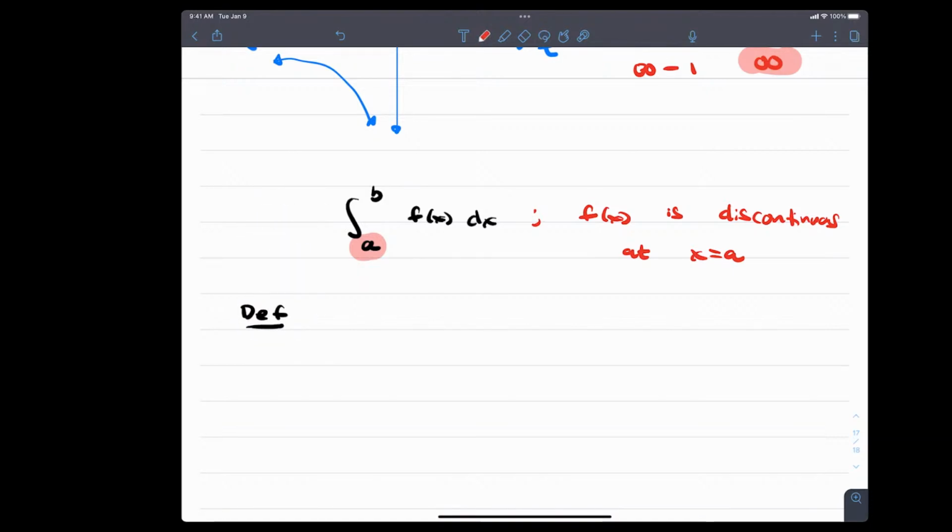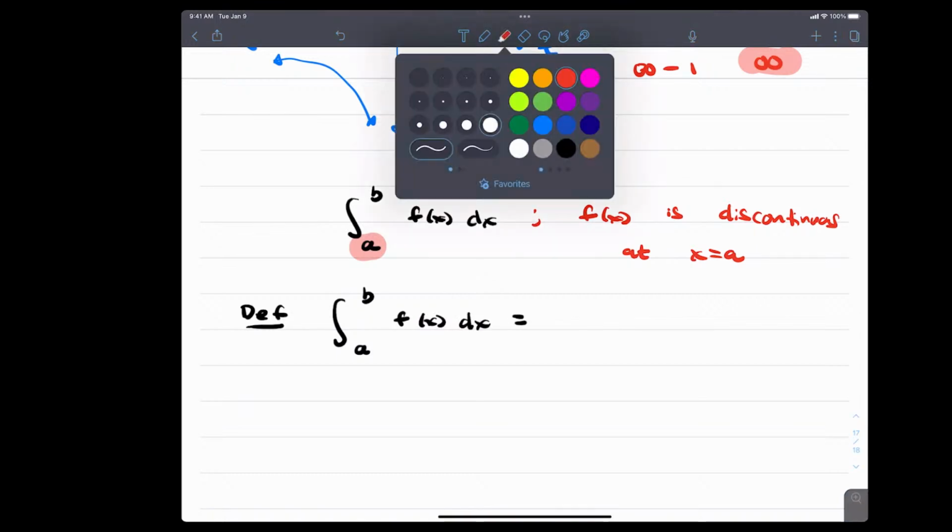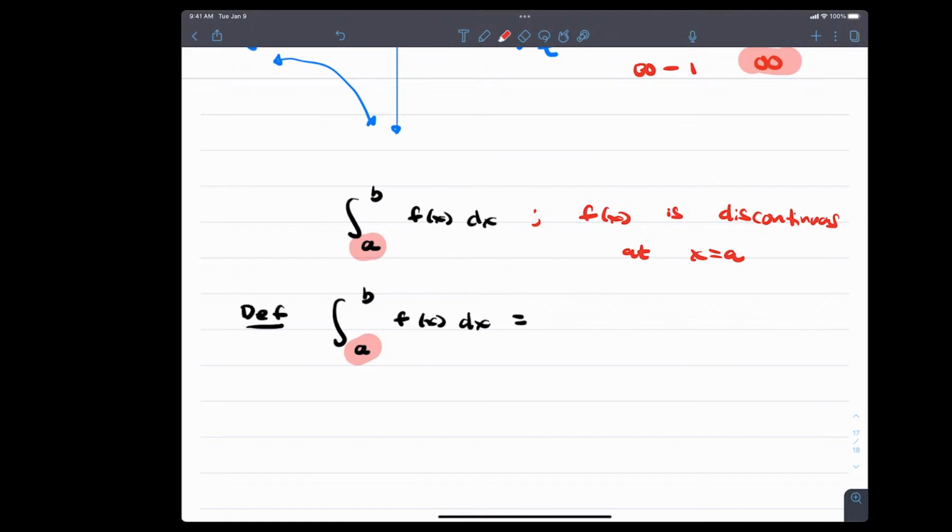Okay? So now I can define it for you guys. You're going to integrate this, a to b of f of x dx. Replace that a with what?